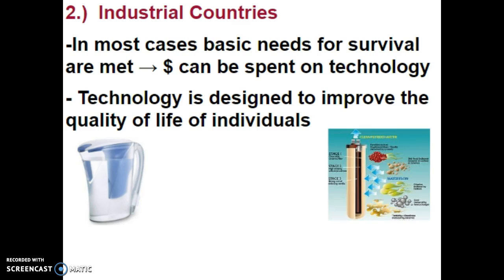However, we can develop further technologies to get rid of even more things out of the water, such as the Brita water filter with their 3-stage filtering system. So not only can we have clean water as a basic need, but we can also enhance that with technology. And that's the type of technologies that are used in industrial countries.